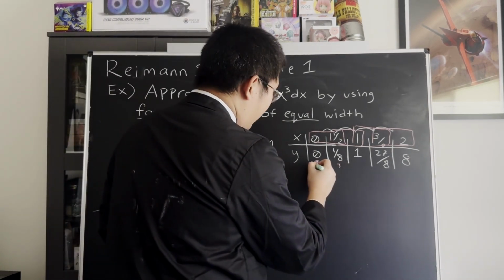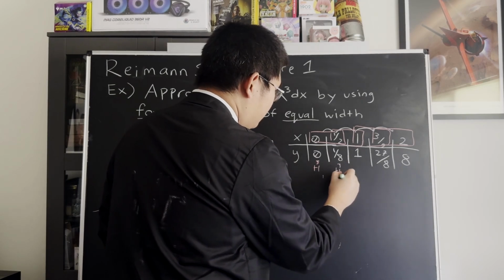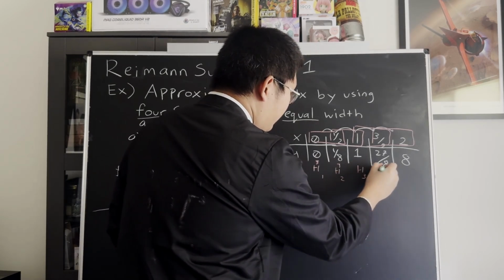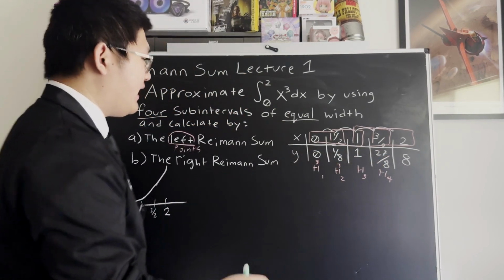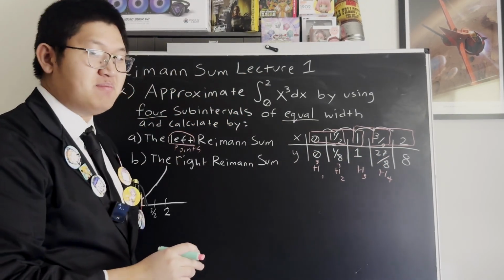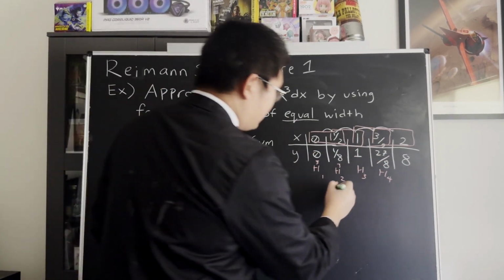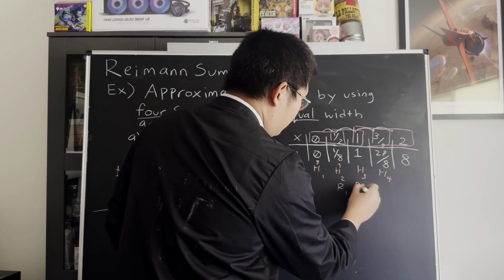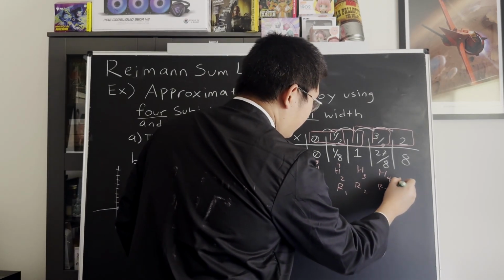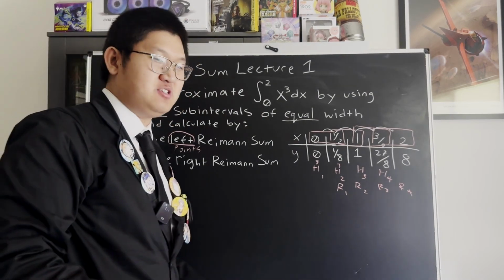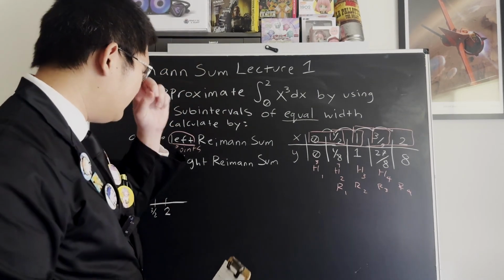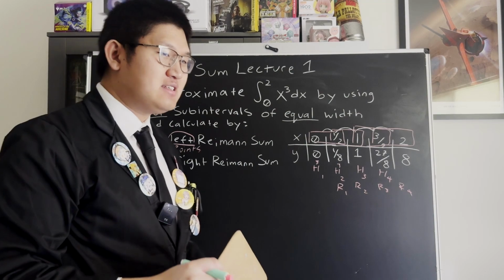That our heights of going 1, 2, 3, and 4 are going to be the left side points to add up with the left Riemann sum. Then, of course, going to the right side, let's denote that R, are going to be the 4 right side points instead. How intuitive. Very good. So let's go ahead and start adding these up.